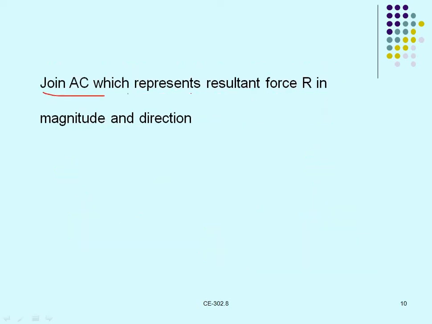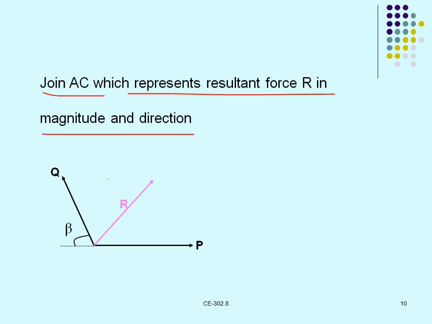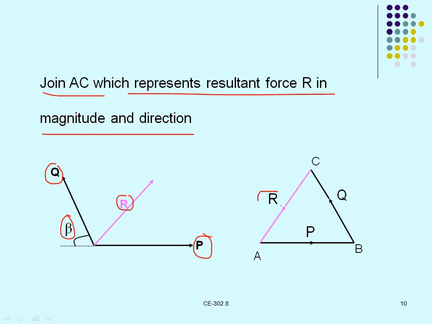Join AC, which represents the resultant force R in magnitude and direction, that is the resultant R, P and Q, and this will be the beta. So R, P and Q, okay, and this is A and B and C. These are the P, Q, A, B, C points which are represented here.